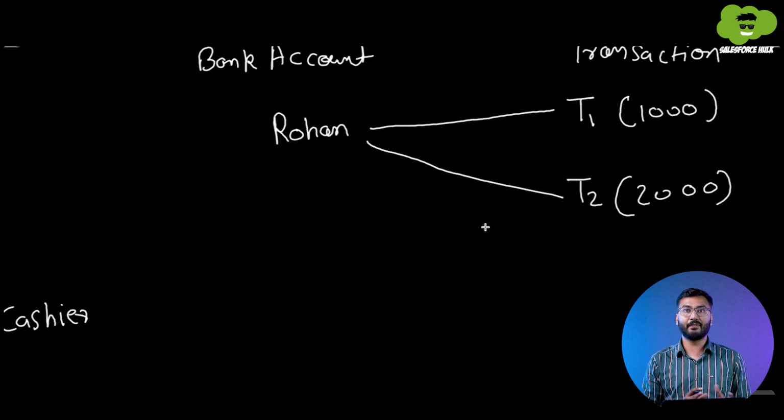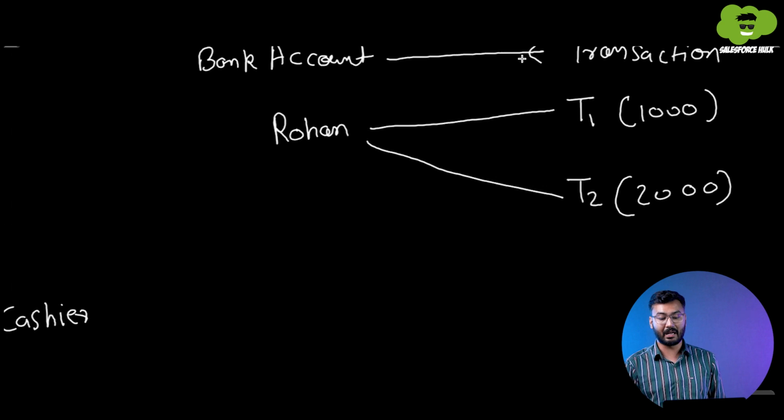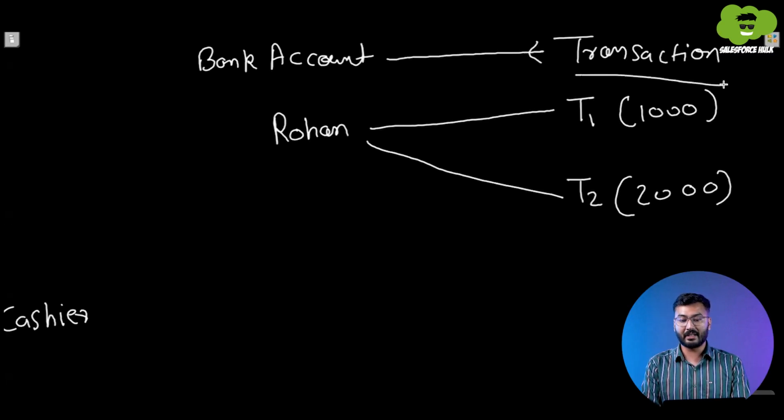Okay, so it is a kind of a relationship between these two objects, and the relationship is one to many. Bank account is on the one side and transaction is on the many side, and it is a master detail kind of a relationship, right? Whenever we'll be creating a transaction record, we'll be requiring to know for which particular record you are creating this transaction.